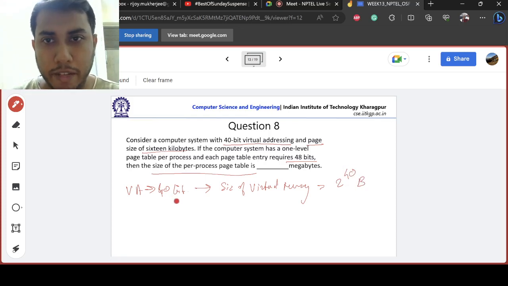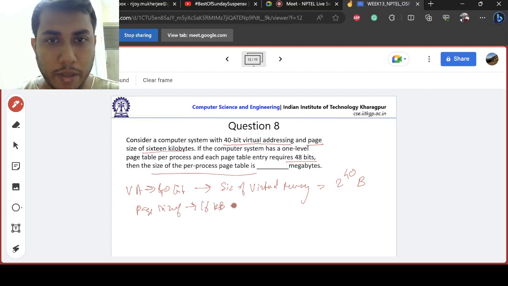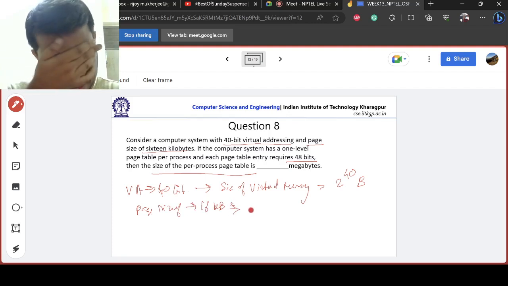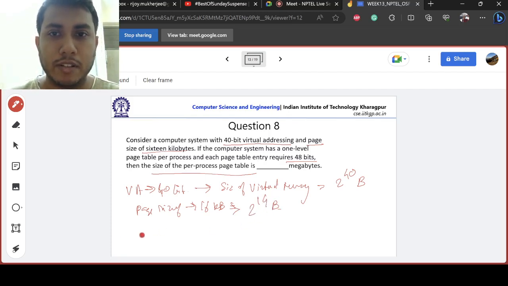Now you have been given a page size of 16 KB, so it will come down to 2 to the power of 14 bytes, right?